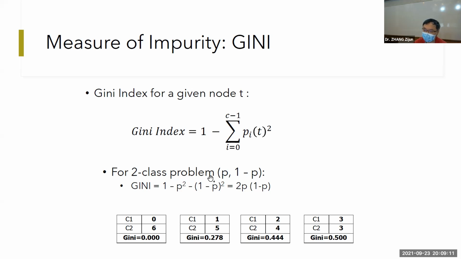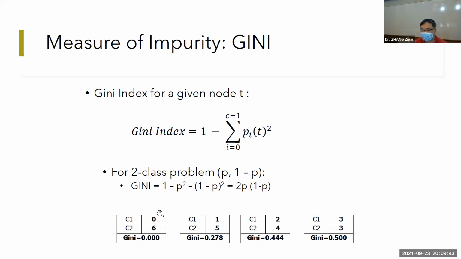For a two class problem, we have one class frequency P, and the other is 1 minus P. So the Gini index will be equal to 1 minus P squared minus (1 minus P) squared. We rearrange it, then we will get the Gini index equal to 2P multiplied by (1 minus P). All right.